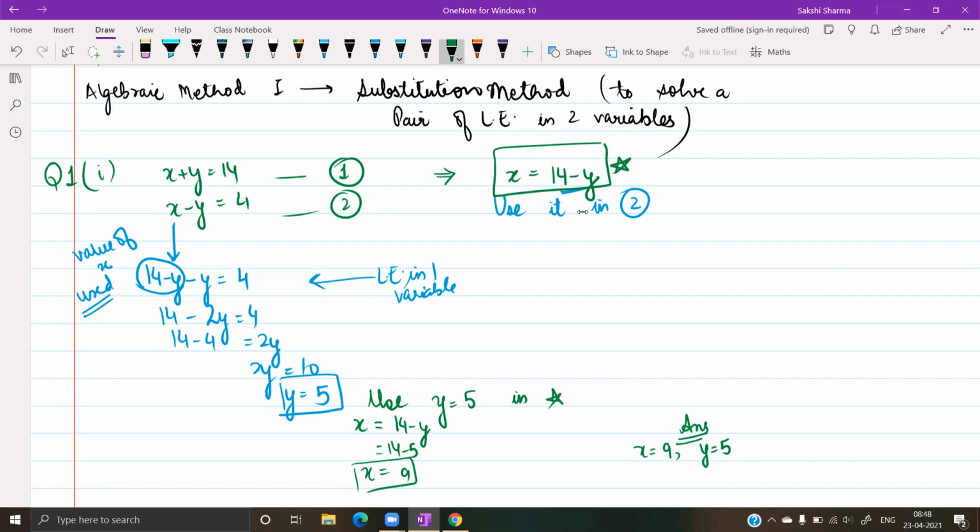This is actually a very simple example. If anyone's writing, please note it down. We will do one more part. Is anyone writing down?